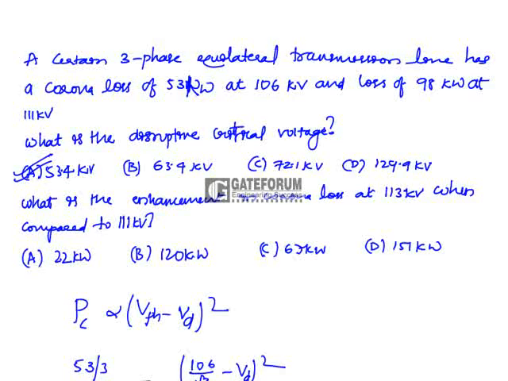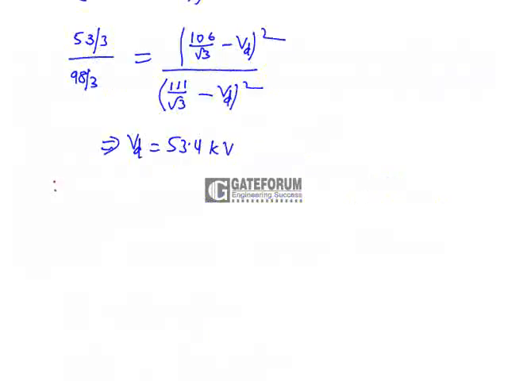Now what is the enhancement in corona loss at 113 kilovolts when compared to 111 kilovolts? Now we have to first find the corona loss at 113 kilovolts, divided by the corona loss at 111 kilovolts per phase, which is 98/3.